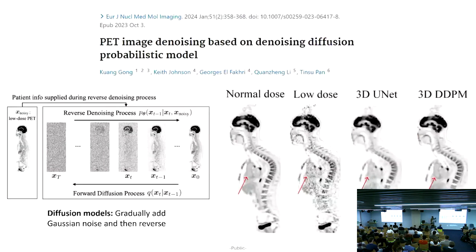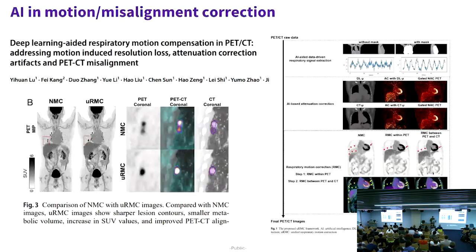Just to mention here, there is a lot of academic work, very nice work from Gang about diffusion networks. I have not seen yet in industry any adaptation of these networks because of, I believe, computational issues. Just very briefly, I will mention in terms of AI, motion and misalignment correction, there are a number of nice works out there.